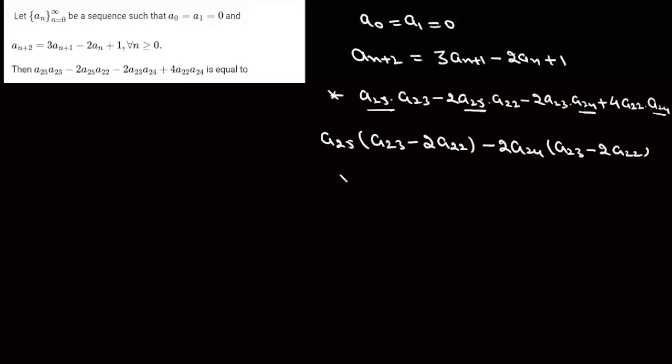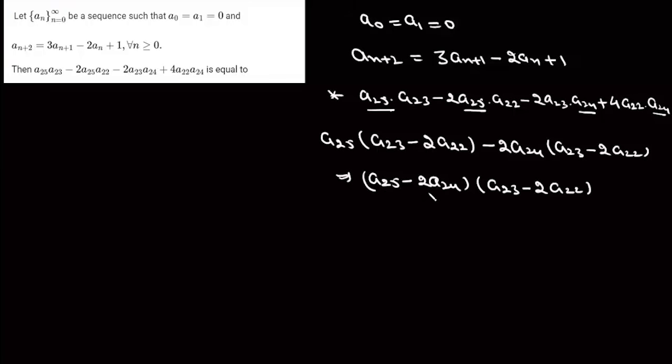So basically we'll need to find this value, which is A25 minus 2 A24 into A23 minus 2 A22. So if we can find A_n minus 2 A(n-1), we'll get our result.